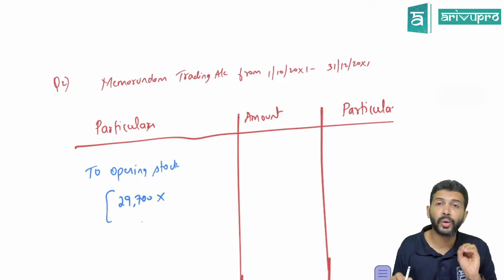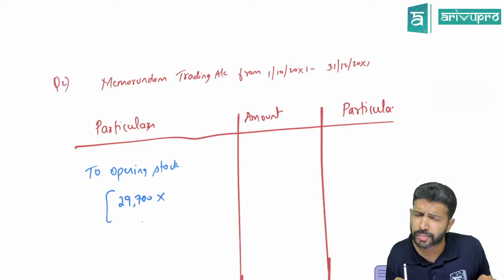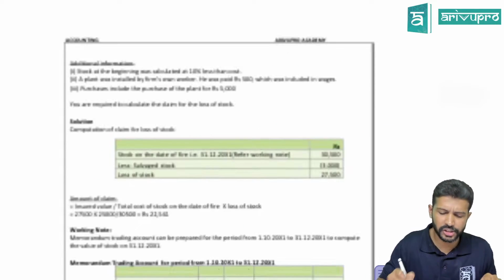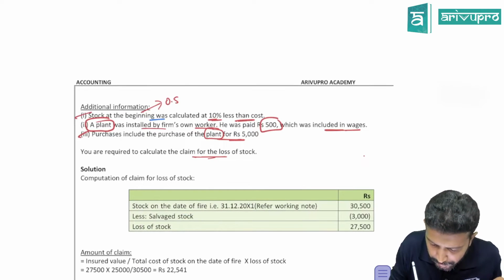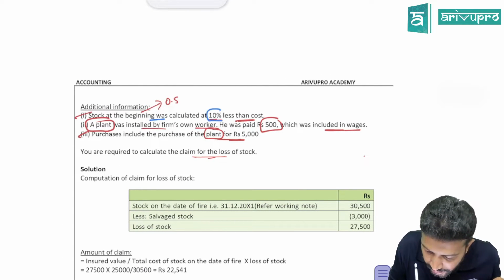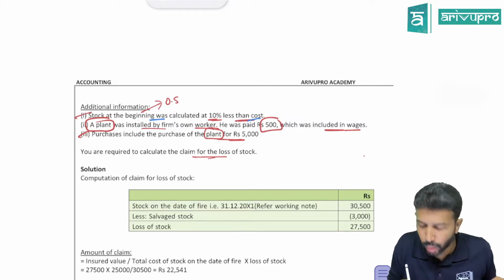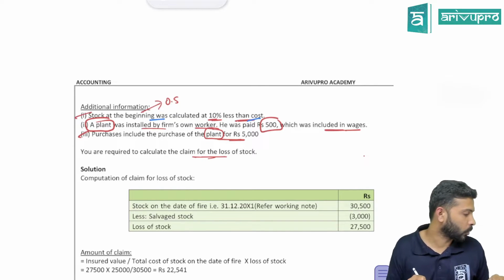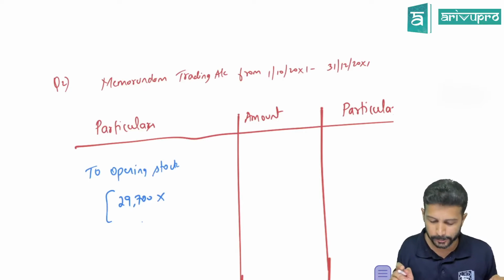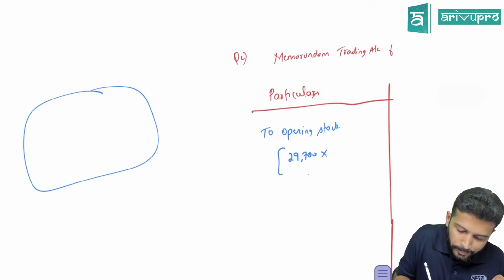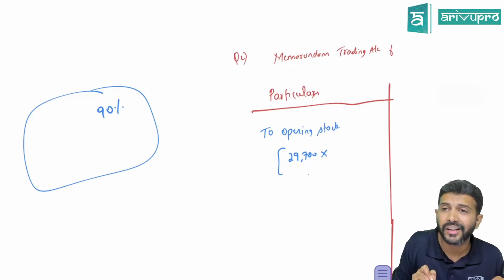But was there any adjustment? Yes, read the adjustment. They told us stock at the beginning, meaning opening stock, was calculated at 10% lower than the cost. So, is it valued properly or is it a mistake?